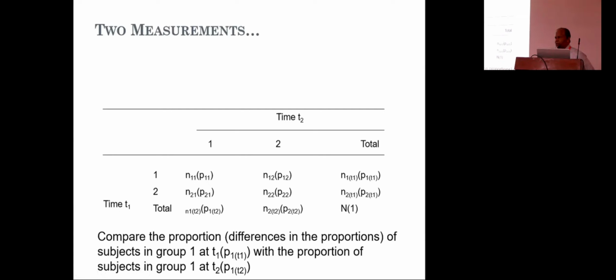But here, when you have 2 time points or more time points, we are interested in baseline versus time point 1, baseline to time point 1 versus time point 2, and so on and so forth. We are not interested in testing whether B equals C. We are interested in computing the change analysis. How much is the change in this cell and how much is the change in this cell?